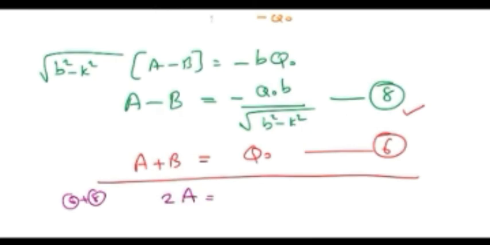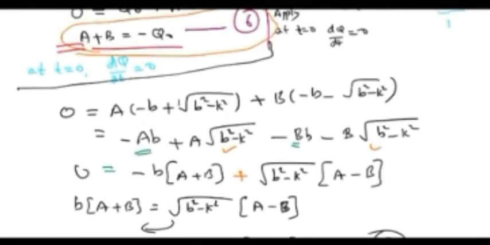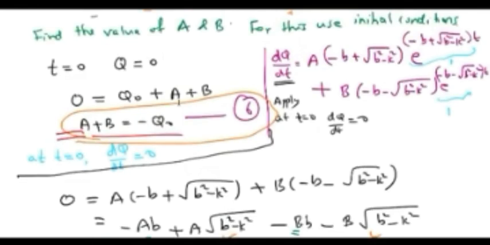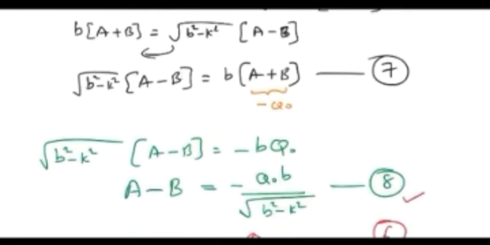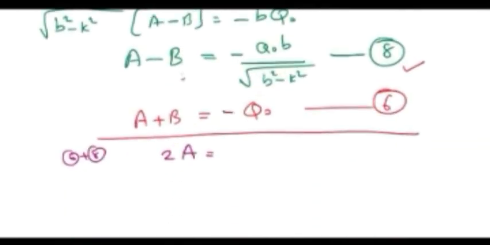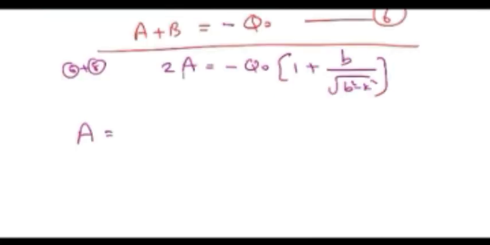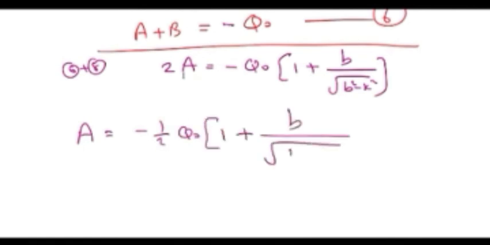Going back to equation 6, you have a minus sign here, which I missed. This is minus q0, so I take minus q0 outside, and we are left with 1 plus b by root of b square minus k square. A is equal to minus 1 by 2 q0 into 1 plus b by root of b square minus k square.